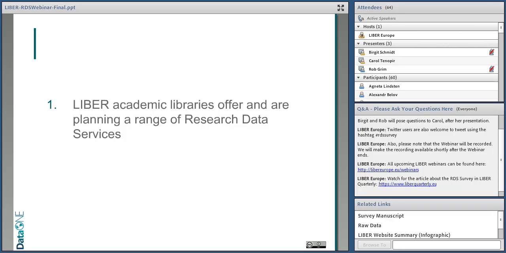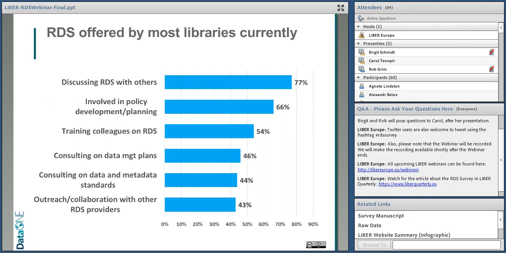They don't have to all look alike, and there are many, many different services. So we asked libraries about over a dozen discrete research data services and found that there was quite a range being offered today or planned to be offered in the future. And each one of you at your libraries make up a suite of services that makes sense for you. So the ones that were most offered are here.